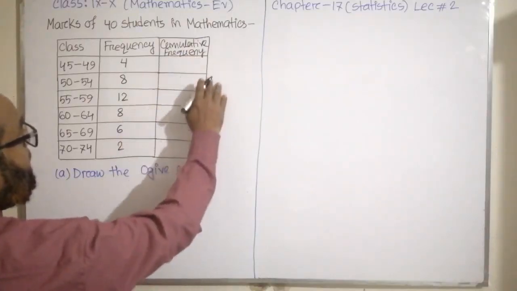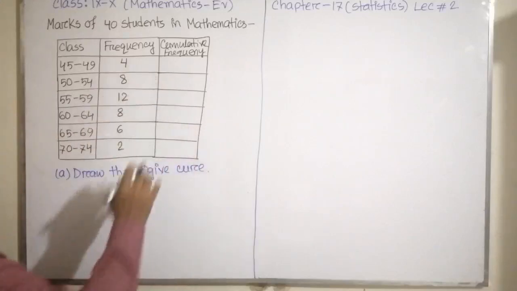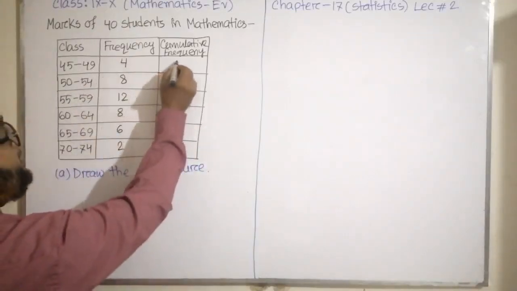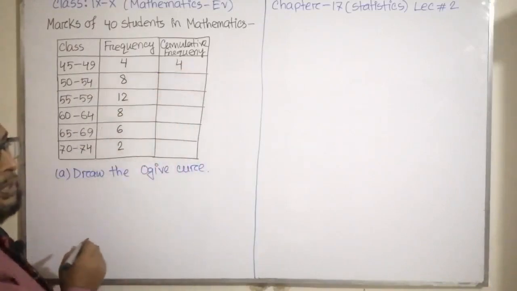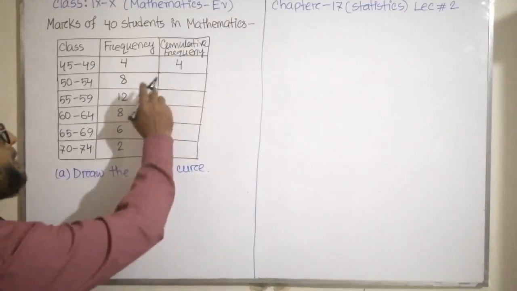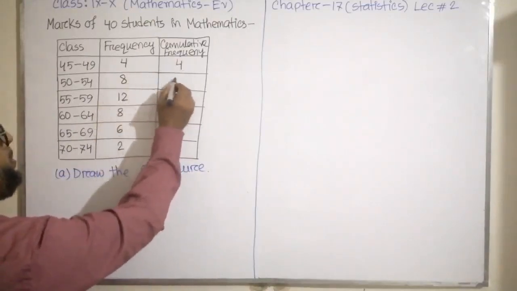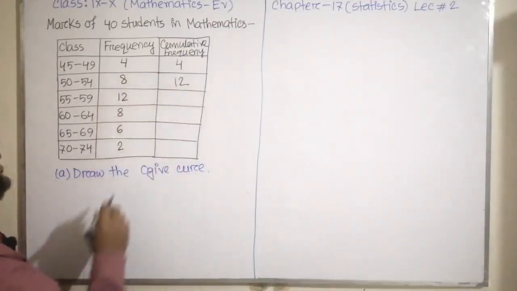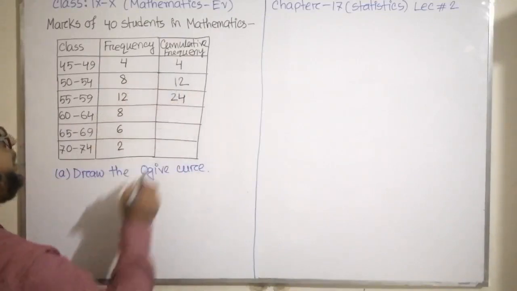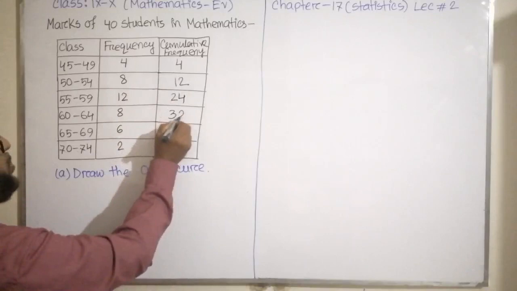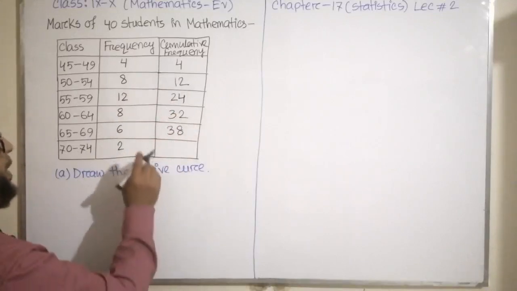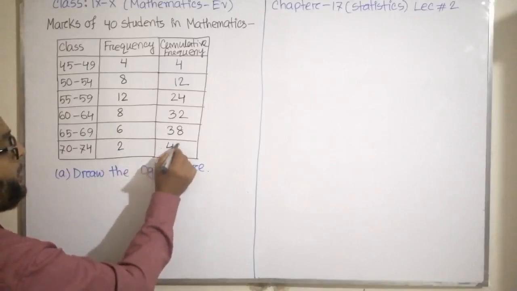Here frequency and cumulative frequency of the first class will be the same. This is 4, and the cumulative frequency of the second class is 8 plus 4, which equals 12, and then 12 plus 12 is 24, and this is 32, and this is 38, and finally we got 40.